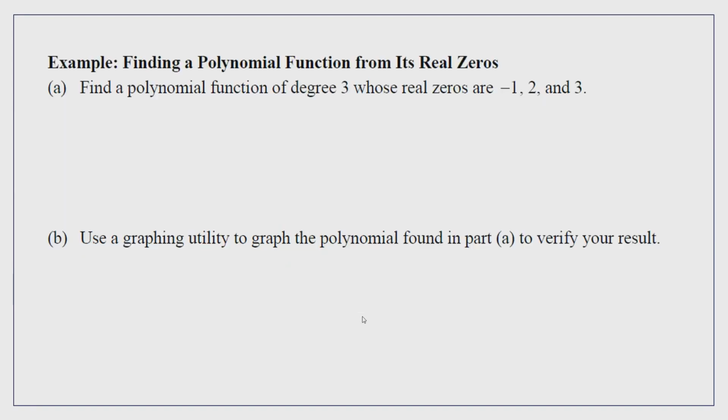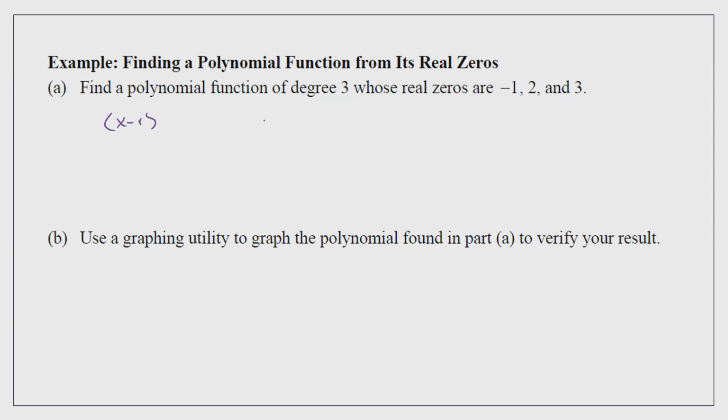So let's do an example. We are going to find a polynomial function of degree 3 whose real zeros are negative 1, 2, and 3. So if my real zeros are negative 1, 2, and 3, I can then write these zeros as factors. And I know factors are written in the form x minus r.